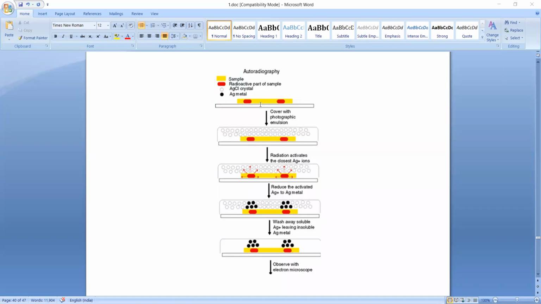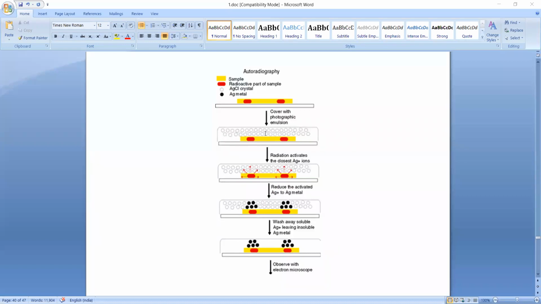Now this is the photographic emulsion, meaning the film we are attaching to this specimen. After that we are imposing radiation on this. Automatically the radioactive part in the sample activates, and that creates some image on the film.